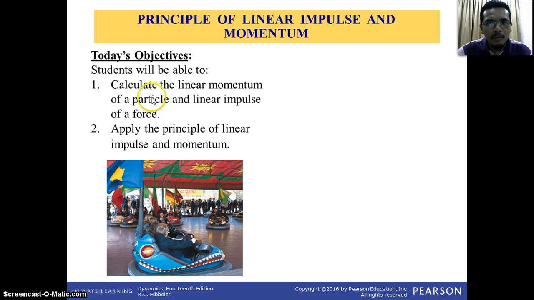So the principle of linear impulse and momentum. The objective of this topic is that you should be able to calculate linear momentum of a particle and linear impulse of a force, and also apply the principle of linear impulse and momentum.